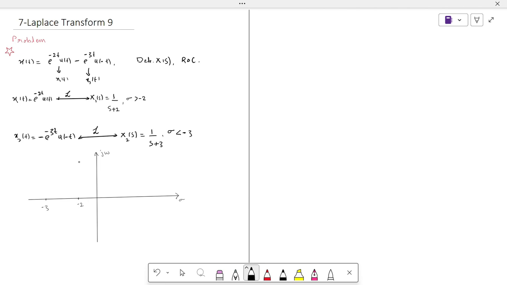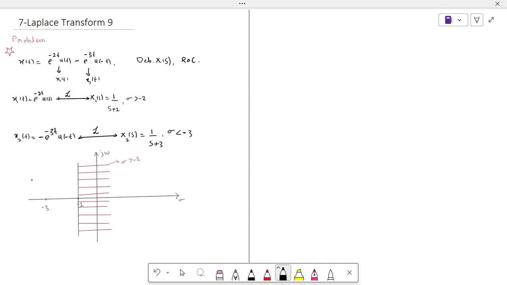First write the region of convergence for minus 2: sigma greater than minus 2.